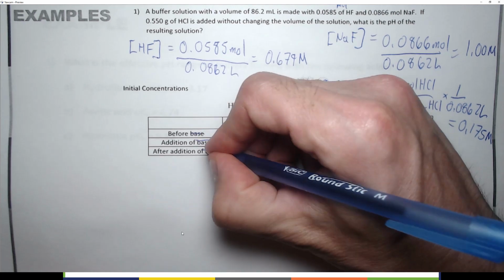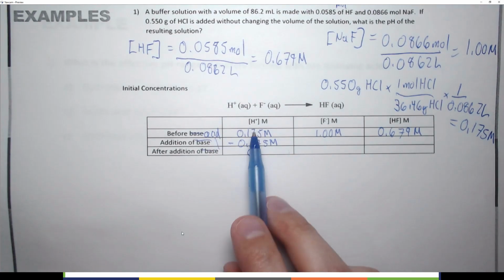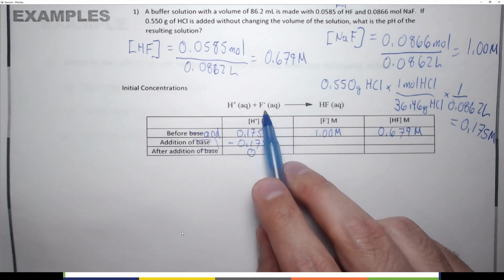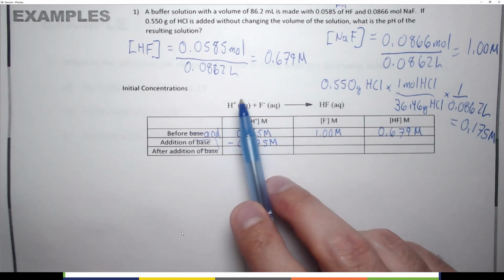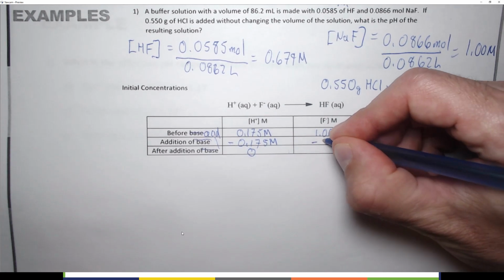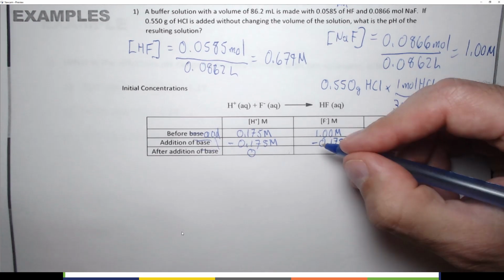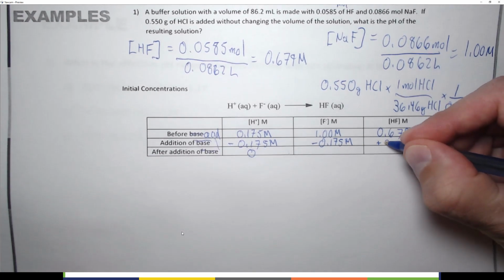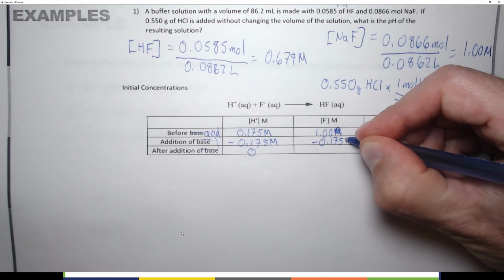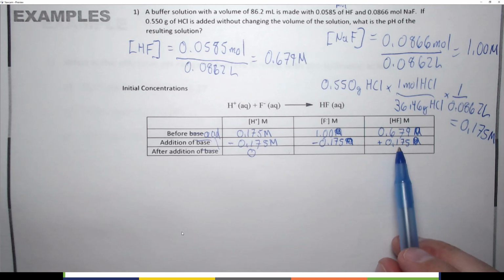This should say acid in all cases; I copied it from the other one. So after the acid is added, I have none left. What about F minus? Well, the acid is going to react with the F minus to form less F minus. So I'm going to lose 0.175 molar of that, and I'm going to gain 0.175 molar of HF.